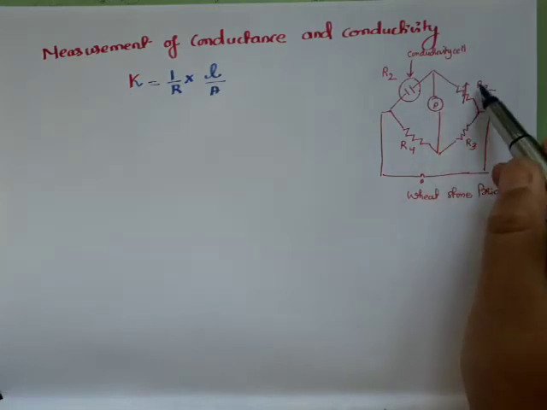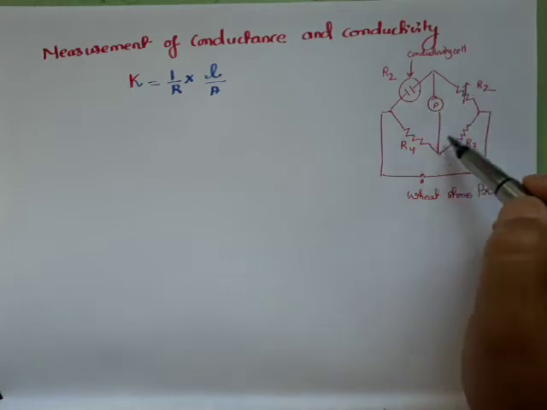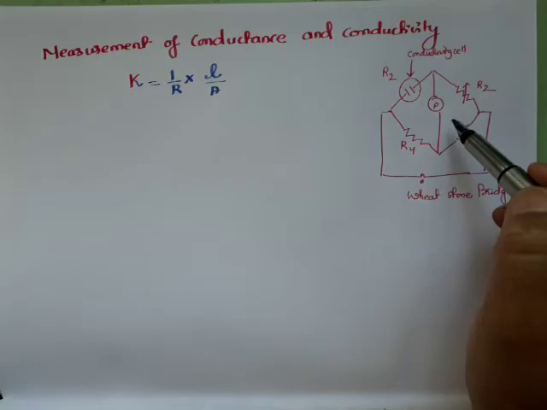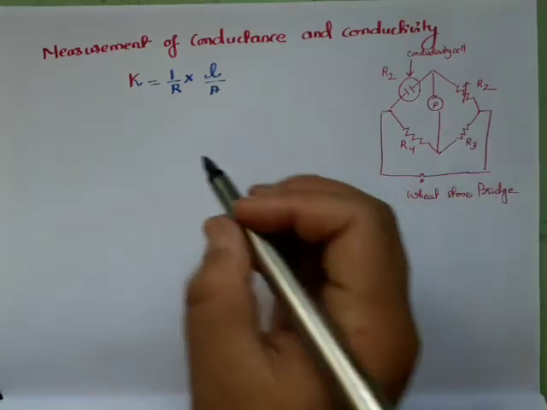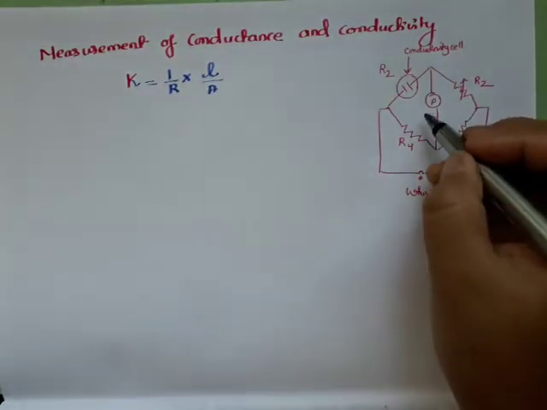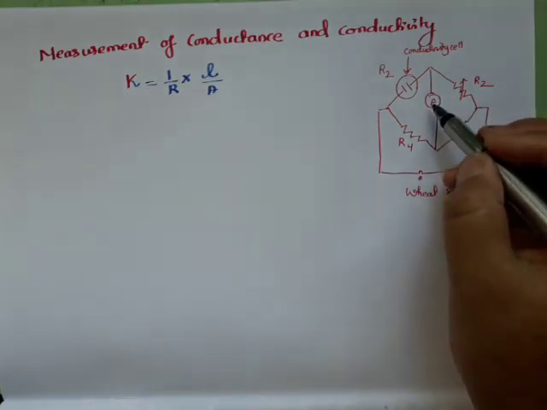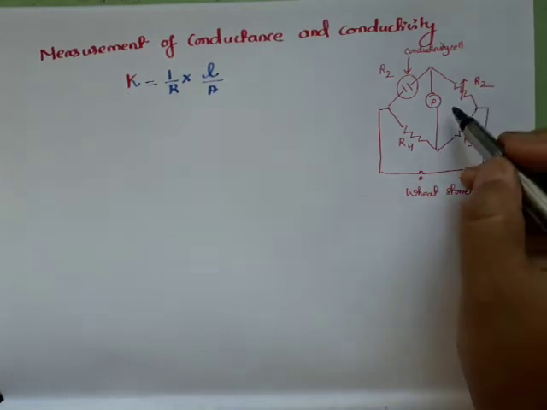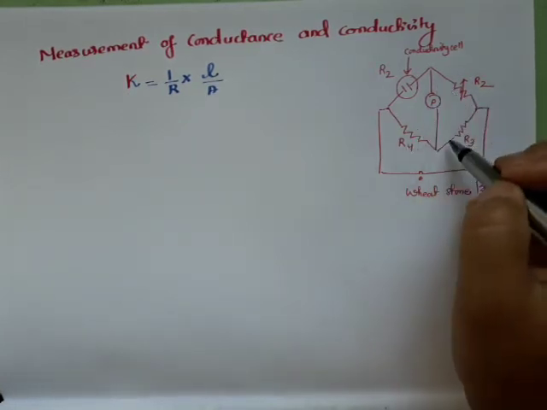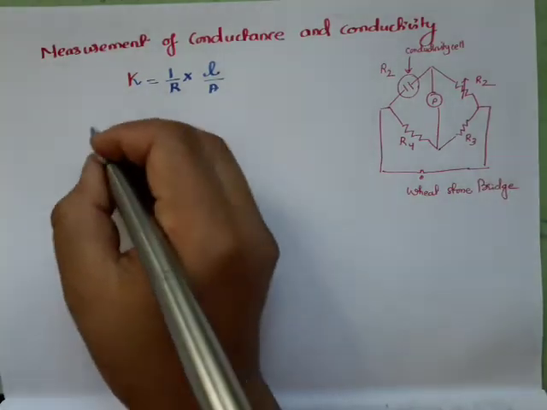Now this R, which is the variable one, we can adjust it in such a way that no current is flowing through the circuit. The flow of electricity can be detected through this detector. The point where no electricity flows through the circuit, we call that point the null point.